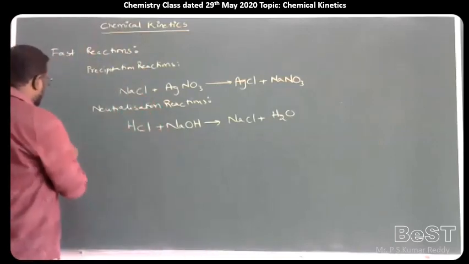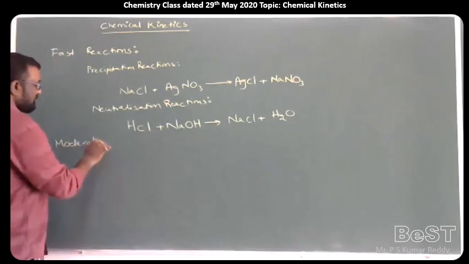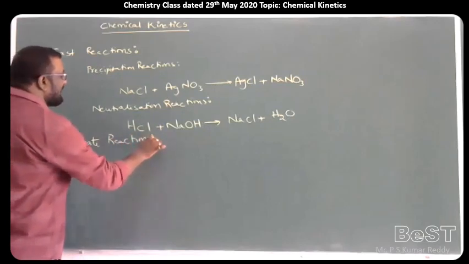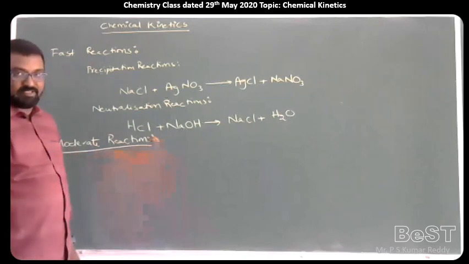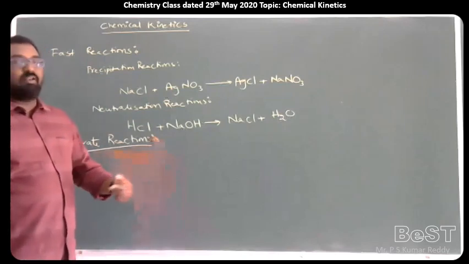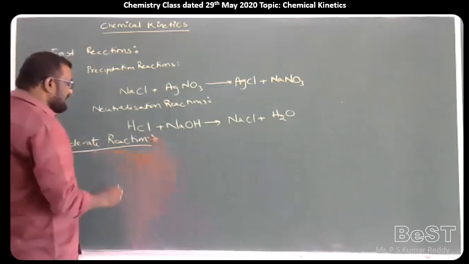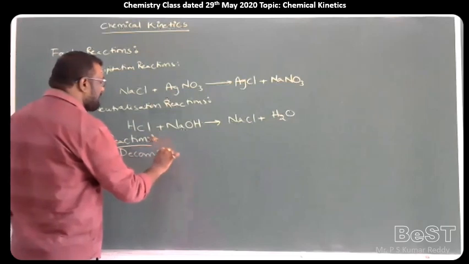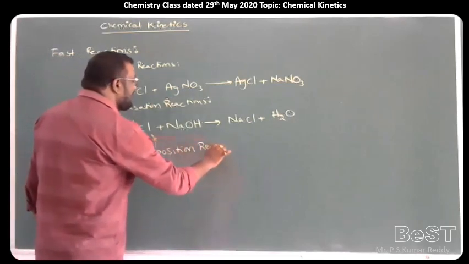And then the second type is moderate reactions. Generally, chemical kinetics will be dealing with these reactions, that is moderate reactions, where the speed will be little bit less. Generally, we will be learning decomposition reactions in this.